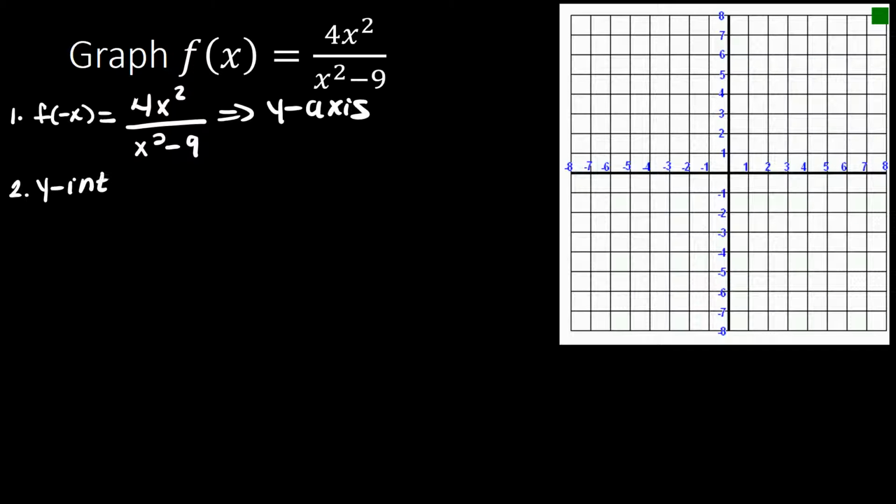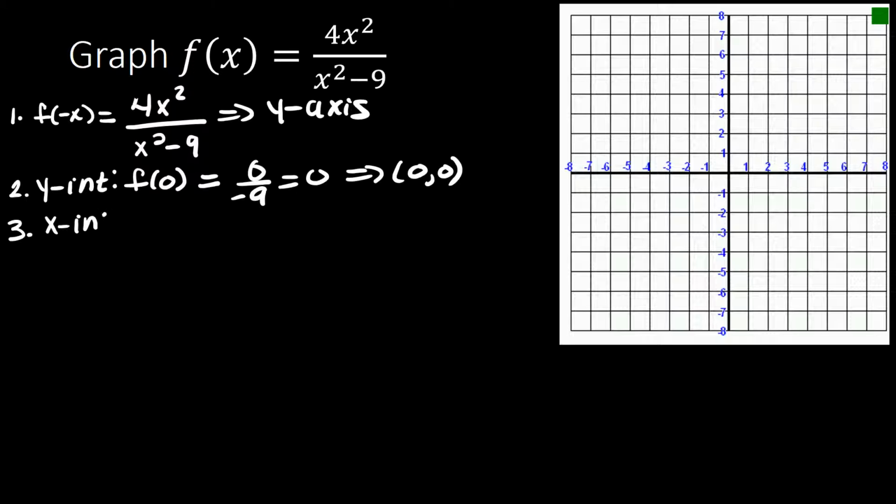If I look for my y-intercept, I evaluate f at 0. I have 0 over negative 9, which is 0. So the point 0, 0 is my y-intercept. If I look for x-intercept, I set my numerator equal to 0. 4x squared equals 0 means x is 0.